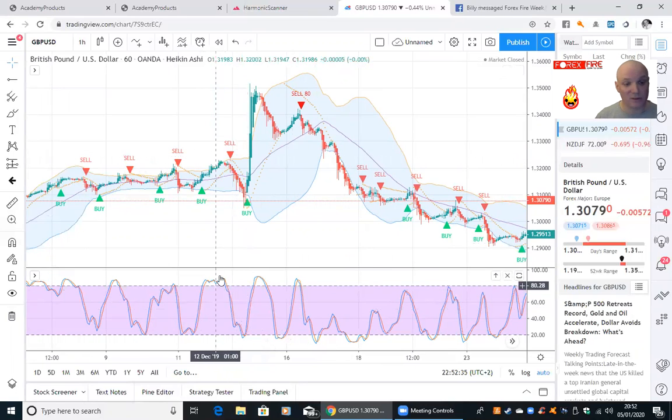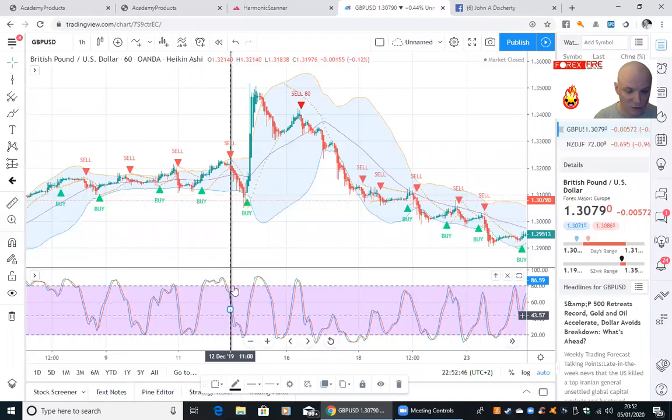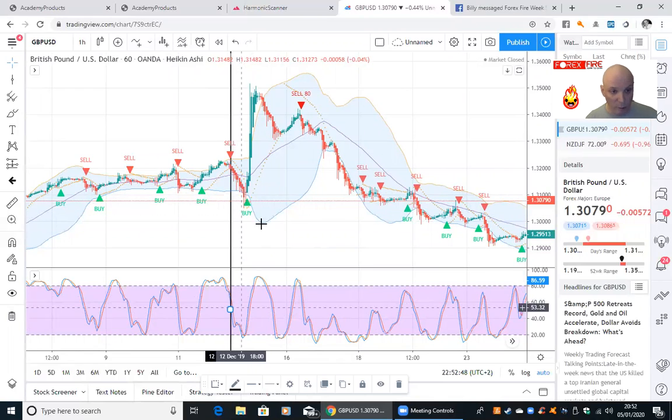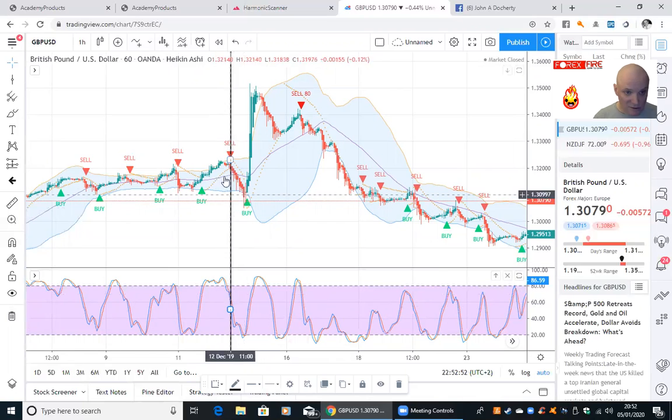The confirmation number two is if we just look underneath: if I go with the candles there, does the stochastic show that it is overbought in this position? As it's going down, we're going to go in a sell. So on here, yes, it was on its way down.